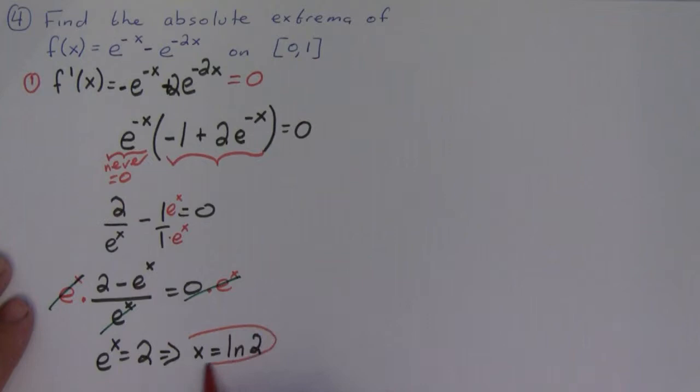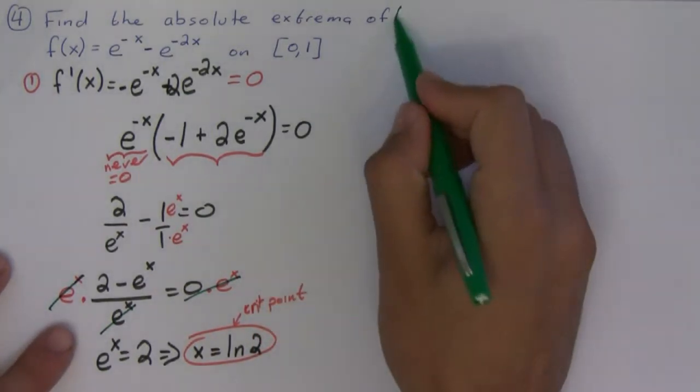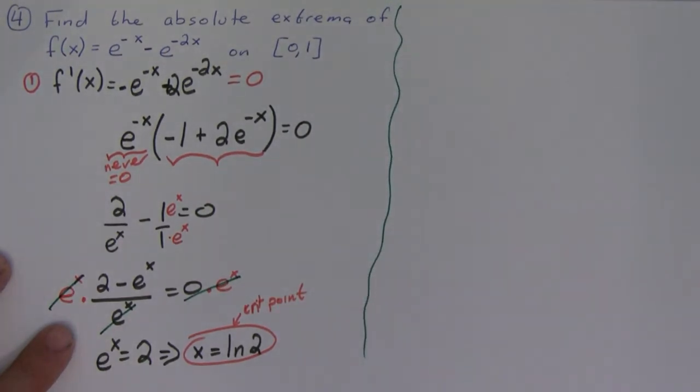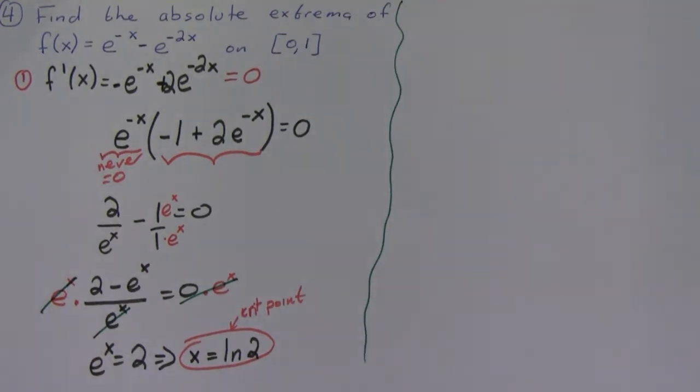And so this is my one and only critical point. Okay. So that's good, and so now I can compare the value at the critical point with the values of the endpoints.